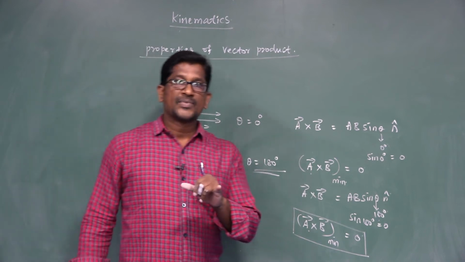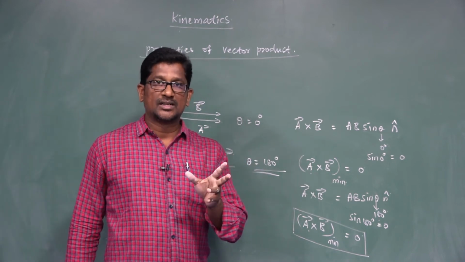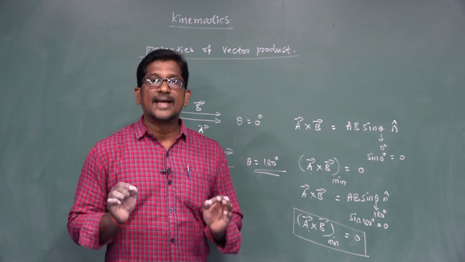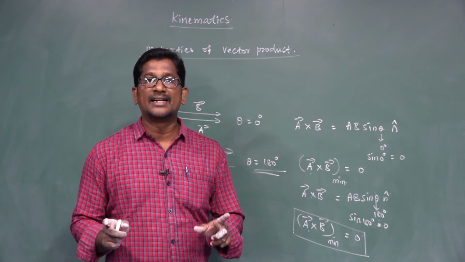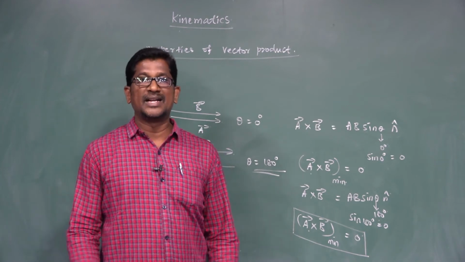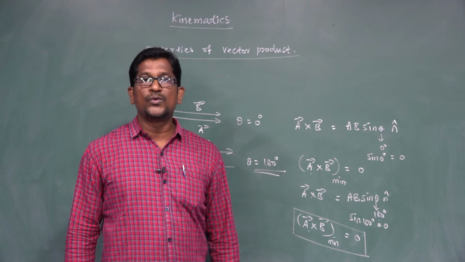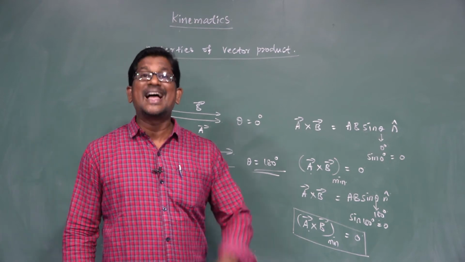Right. First one, the vector product of any two vectors always gives another vector whose direction is perpendicular to the plane containing these two vectors, right? Second, the vector product of two vectors is not commutative, it is anti-commutative.